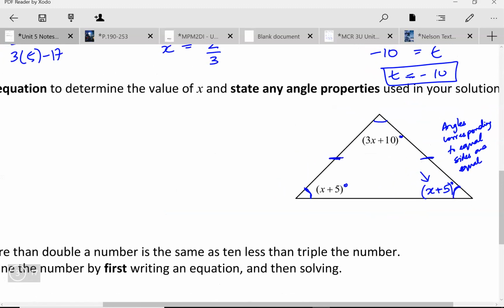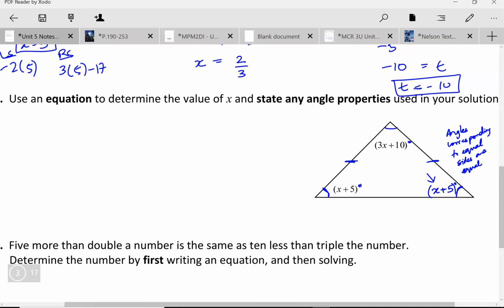And now, hopefully we're okay with how we find x. The main property is the angle sum property of a triangle. We know that the sum of all angles in a triangle add up to 180 degrees.